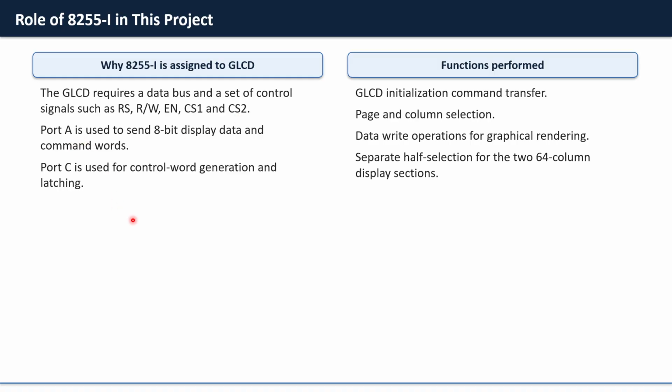Port A is used to send the 8-bit display data, while port C is used for control word generation and latching logic. The functions performed are GLCD initialization, command transfer, page and column selection using the 8255, and all the data writing logic.